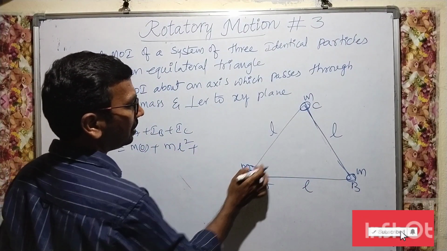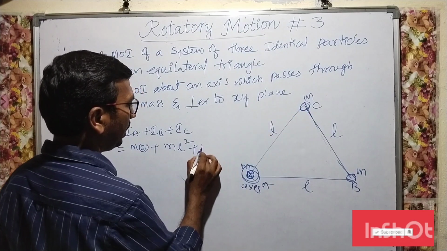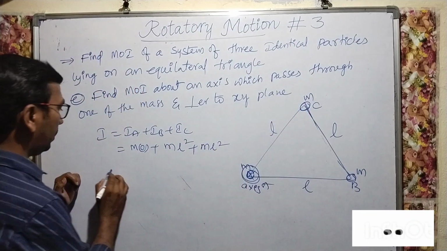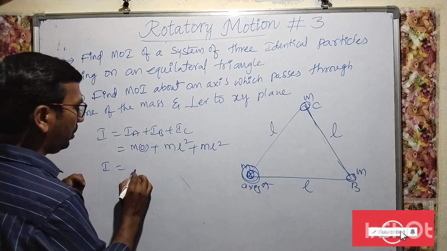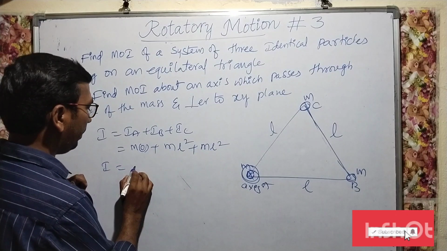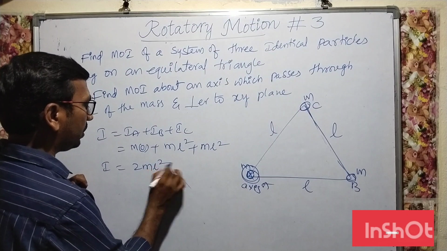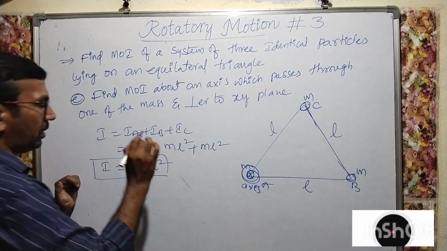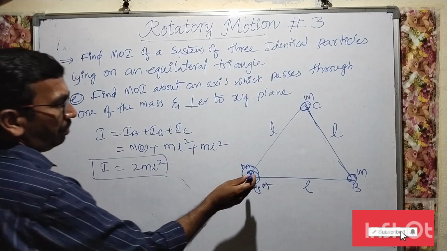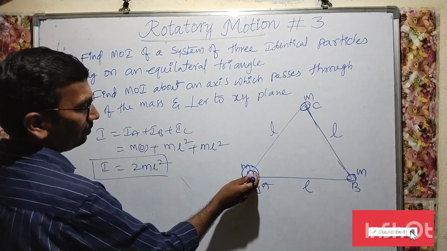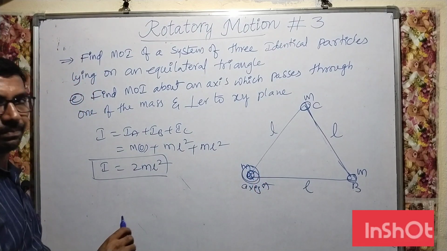So I is equal to 0 plus mL square plus mL square, that is 2mL square. This is the MOI perpendicular to the xy plane.